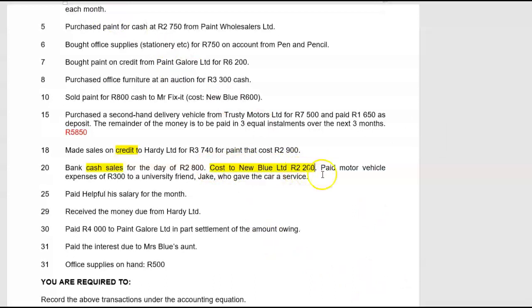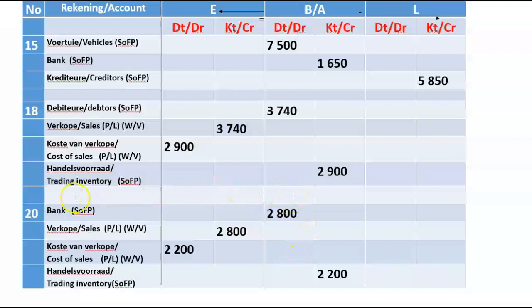So our inventory would be credited with 2,200 and cost of sales would be debited with 2,200. Bank asset debit increased 2,800, sales revenue equity increase 2,800.